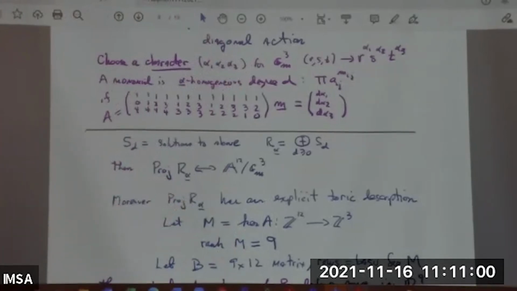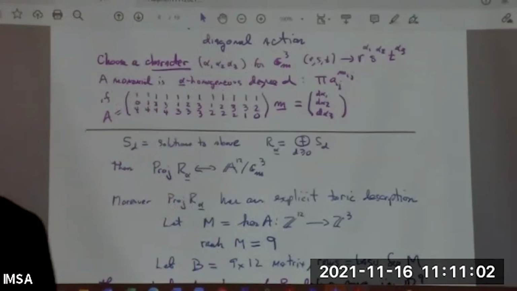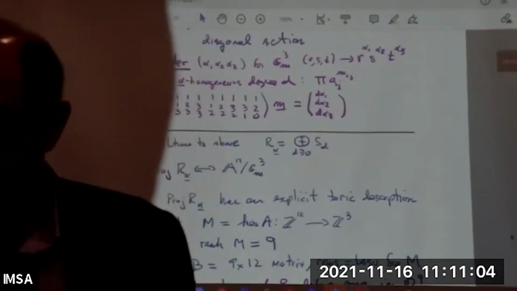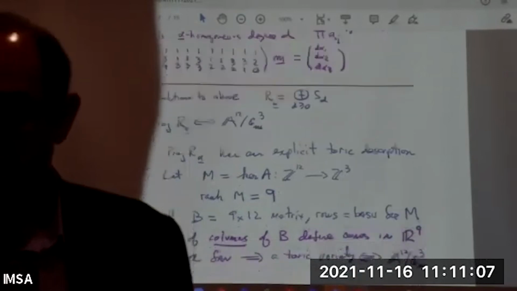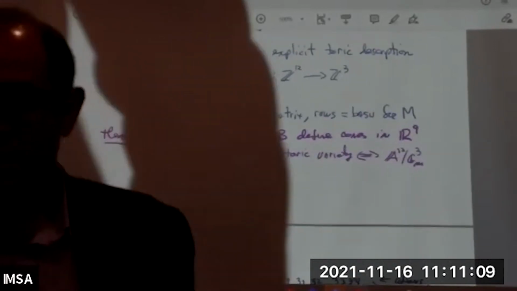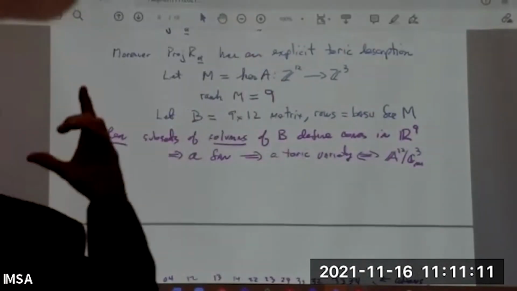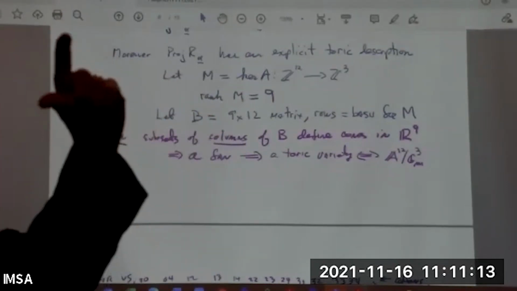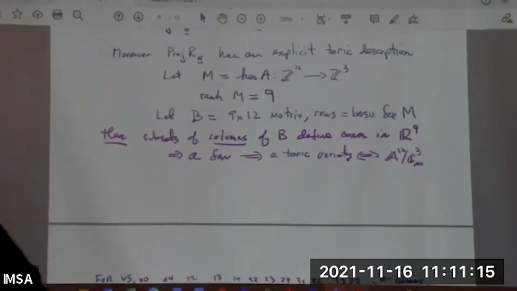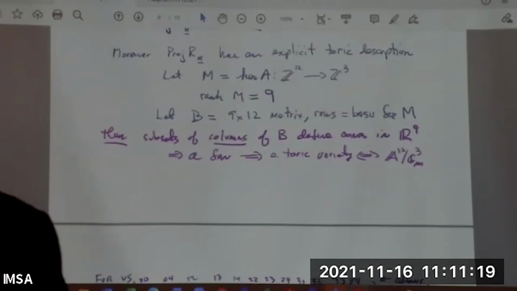And this has an explicit toric description, and let me tell you how that works, because it's related to the construction. So you have this map, the little 3 by 12 matrix that defined the characters of whether something was alpha homogeneous.